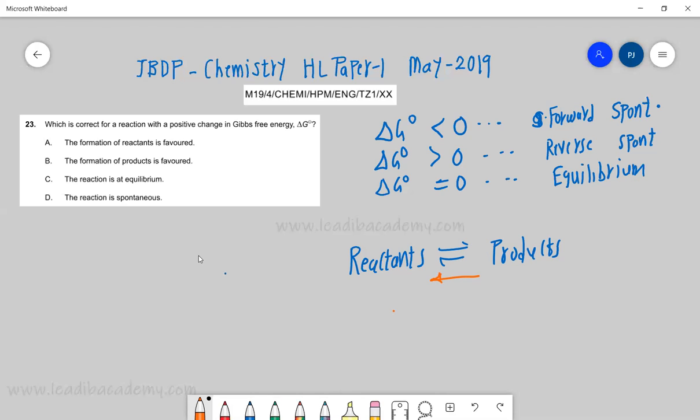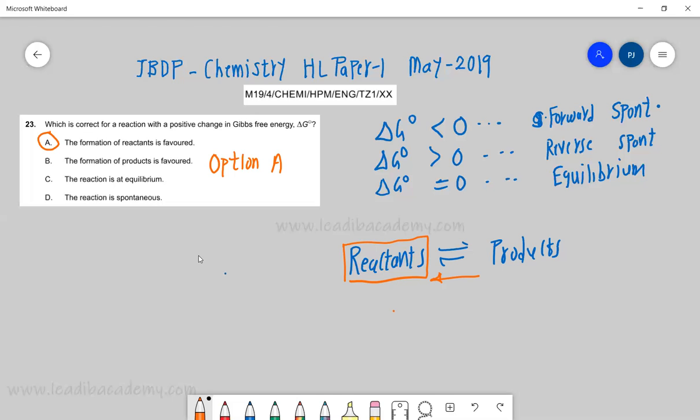That means we are going to get more of the reactants. So the correct option in this case is very straightforward: option A, the formation of reactants is favored.